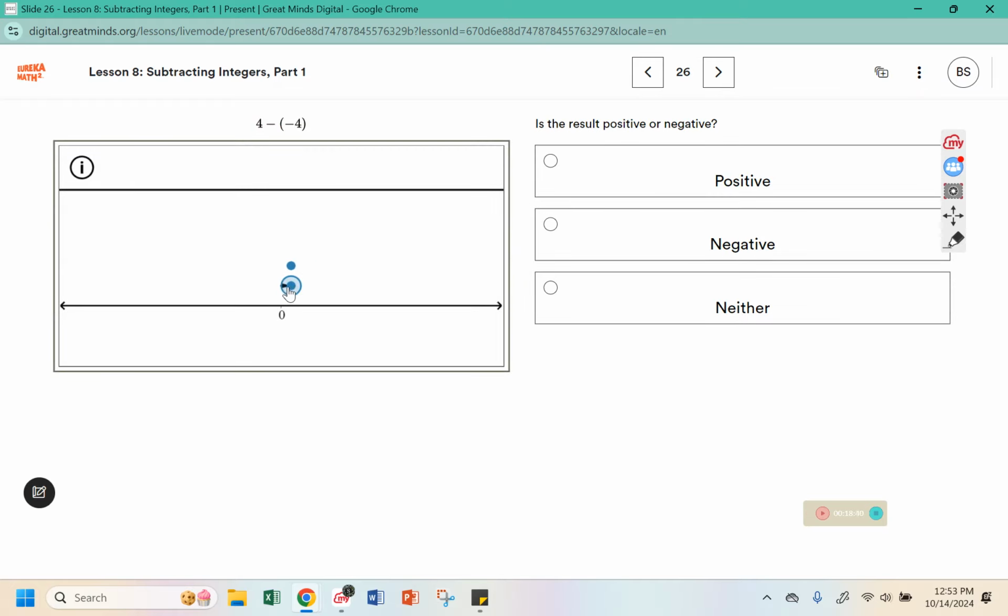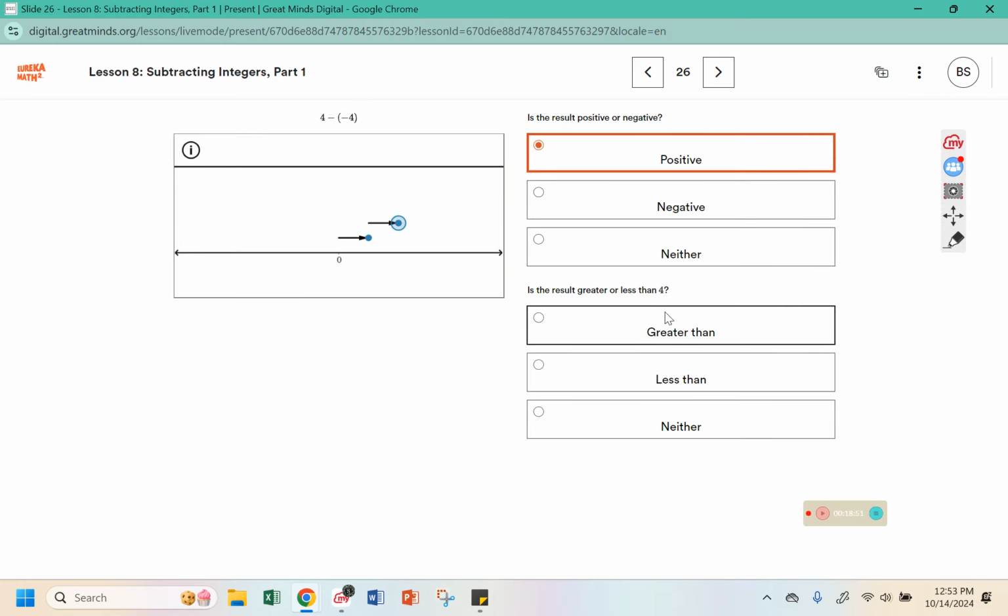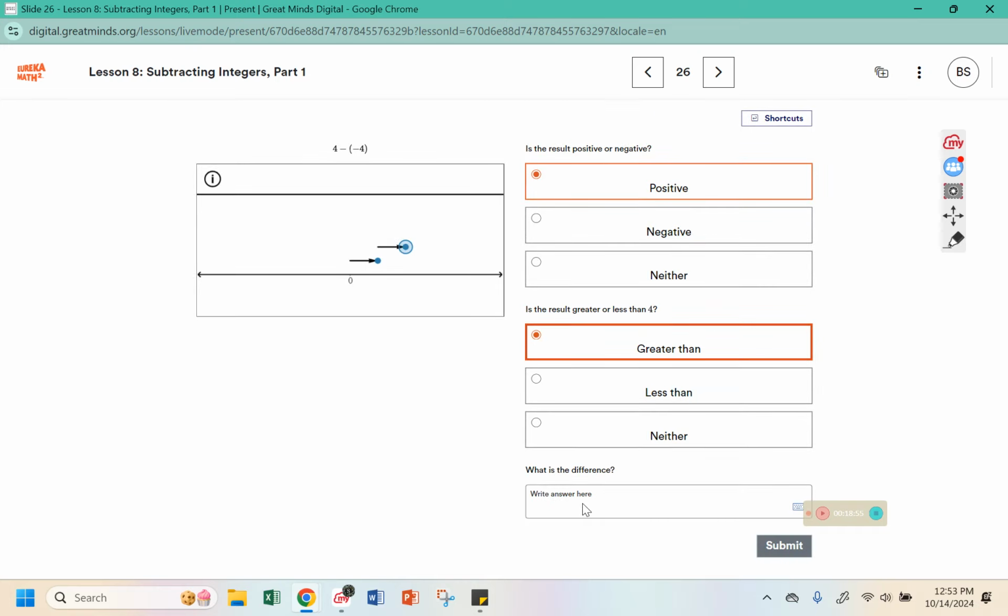Next, 4 minus -4. That's a plus a positive. So we're moving to the right farther than 0, and it is beyond 4 to the right, so it is greater. This has a difference of 8.